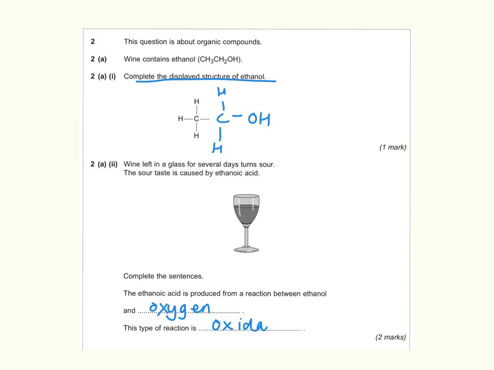Remember, this is about adding on oxygen to make ethanoic acid. And because this has just been left out for several days, rather than us doing this as a lab oxidation using oxidation reagents, this has been done, if you remember the specification, it said be aware of microbial oxidation. So microbes have been involved in this process.